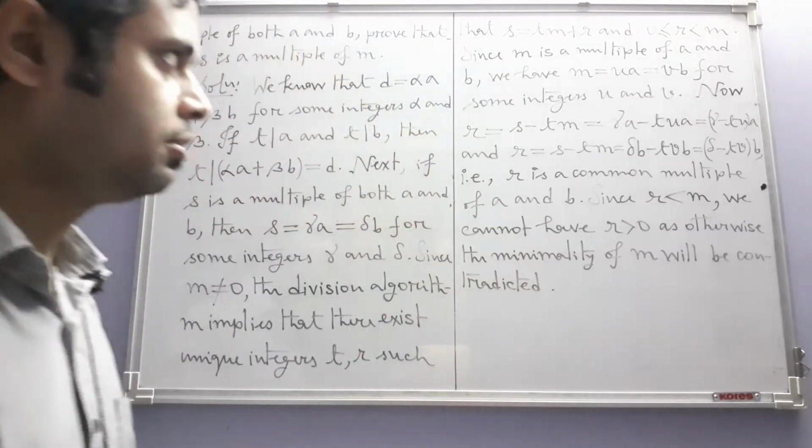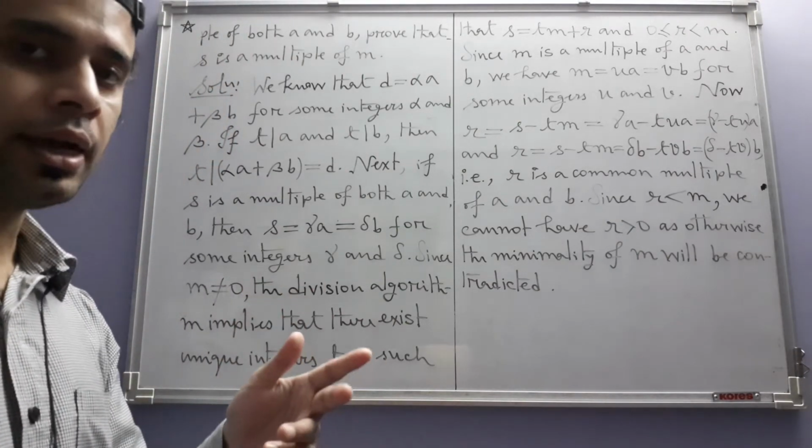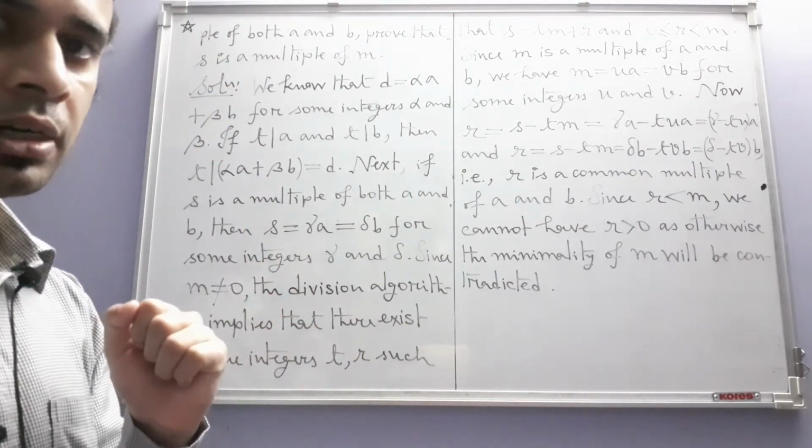By definition, M, which is the least common multiple, is the least among all positive common multiples.